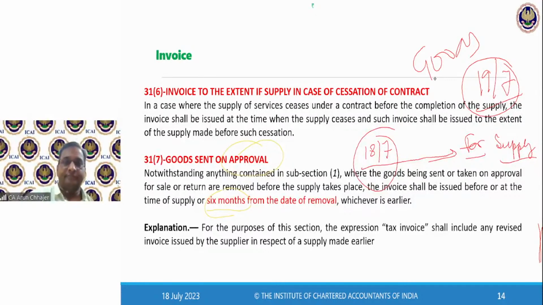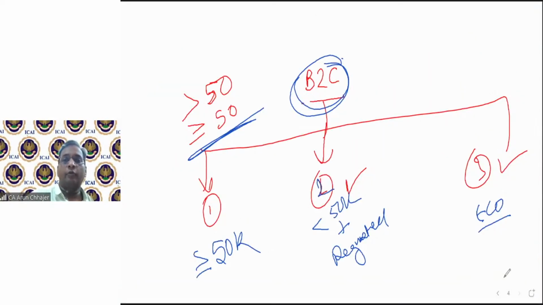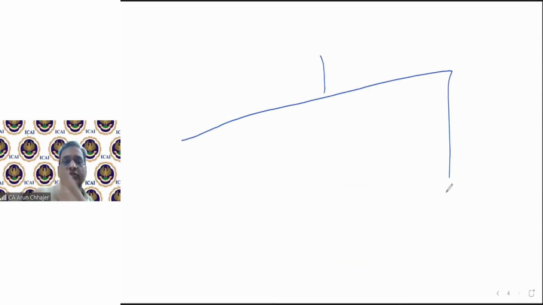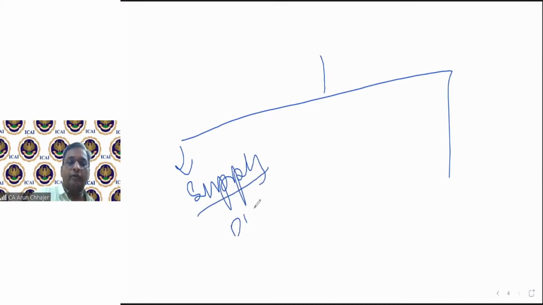See, if you are removing the goods for supply, then the last date is date of removal. What is the last date to issue the tax invoice in my current example, 18th July?